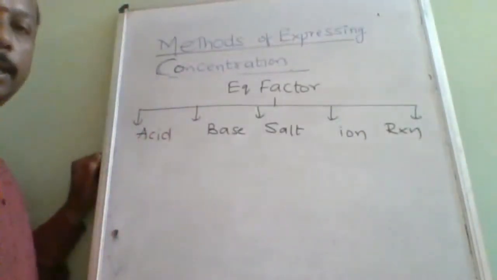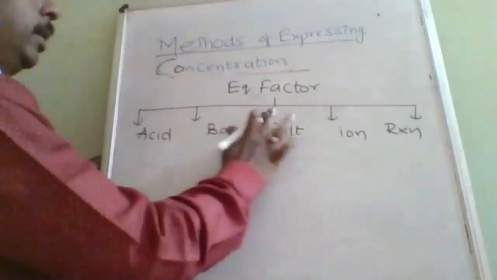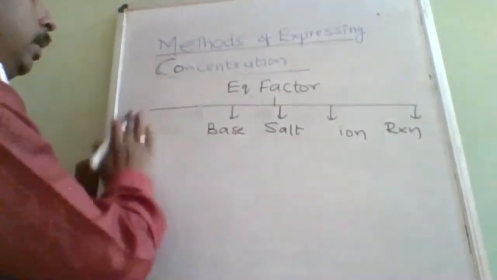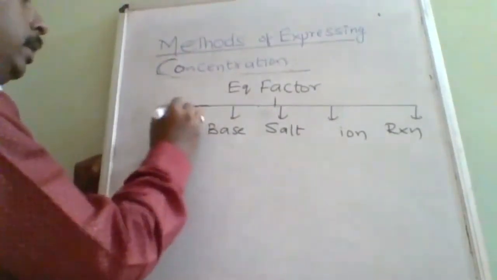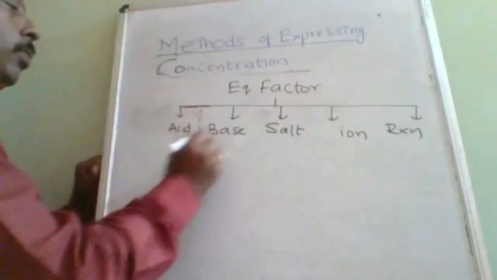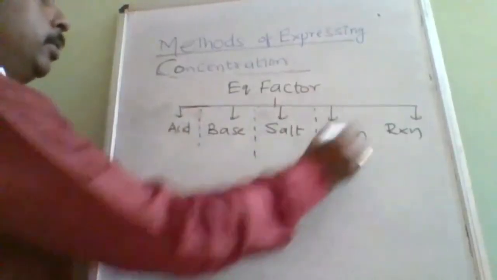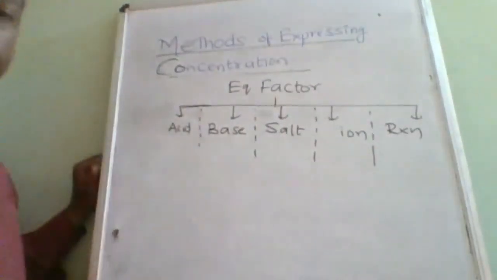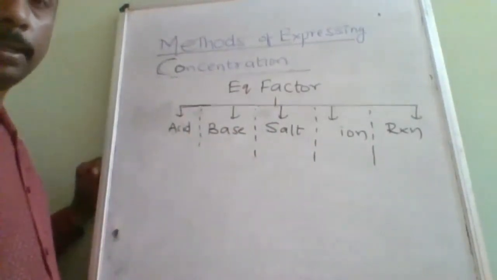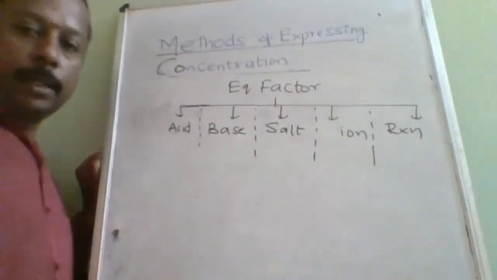See, in total how many types of equivalent factors are there? 5 types of equivalent factors are there. Okay. For every substance, there is a new method. All you should remember, and you should be able to know the application part also. That is a difficult task. Okay. You might have already studied it, but up to this you may not be confirmed.